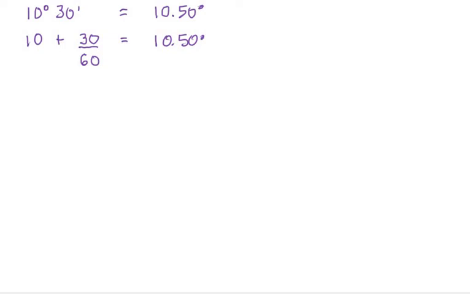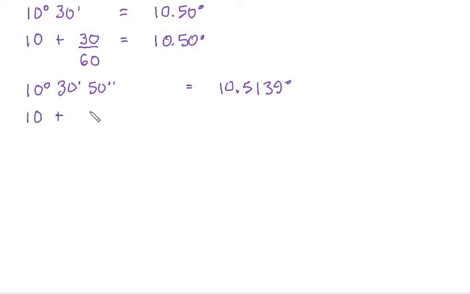Alright, so let's look at something that's a little more complex. It actually has seconds. So let's look at, again, 10 degrees, 30 minutes, and we'll add 50 seconds. Well, what this does equal decimal-wise is 10.5139 degrees. So the way we get that is we take our degrees, again, 10.